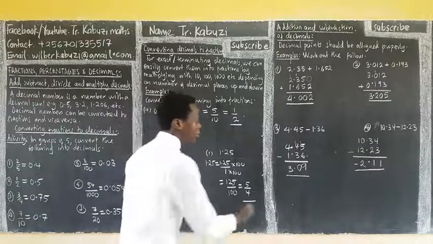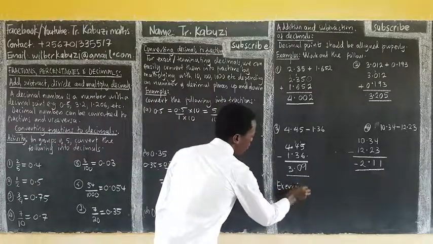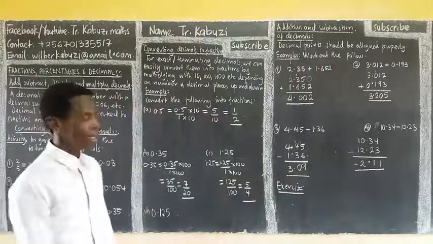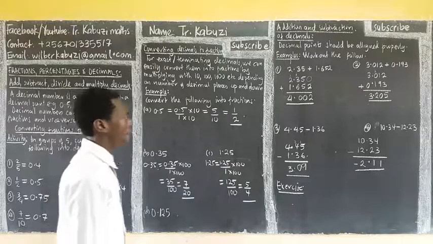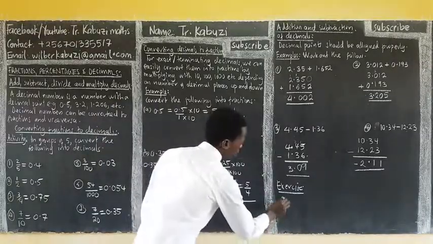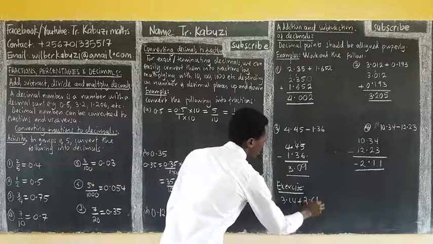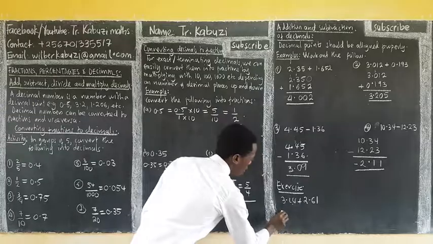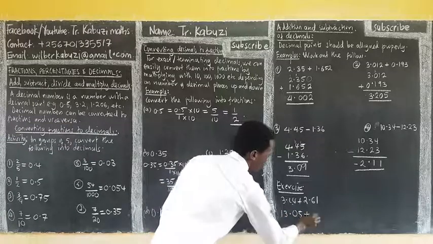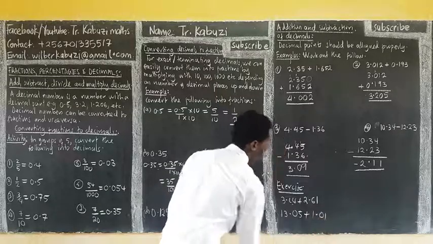So now you try this. After you have organized these notes, also try the exercise in the learner's guide on the same page. You add for me these ones: 3.14 plus 2.61. You also handle 13.05 plus 1.01.